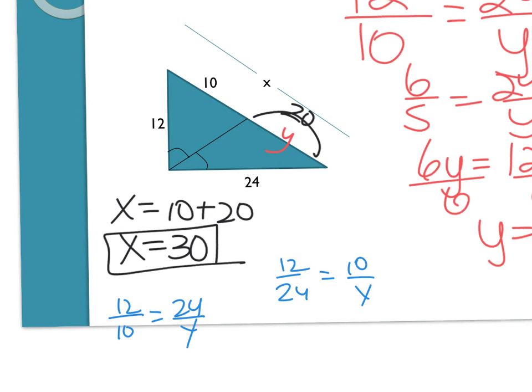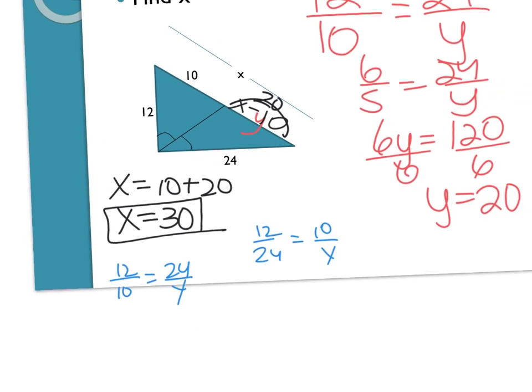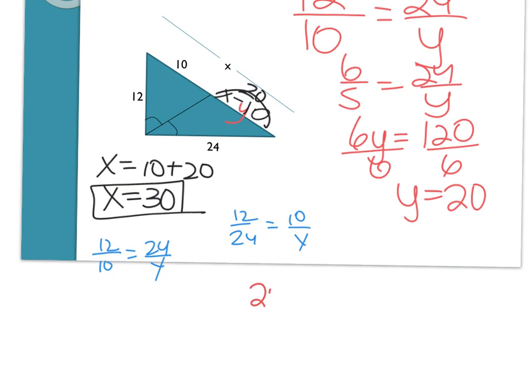So do 24 over x minus 10? Yes. So y you could have made x minus 10, and then set it up as you did: 24 over x minus 10 would equal 12 over 10, like that? Yep, that works too.